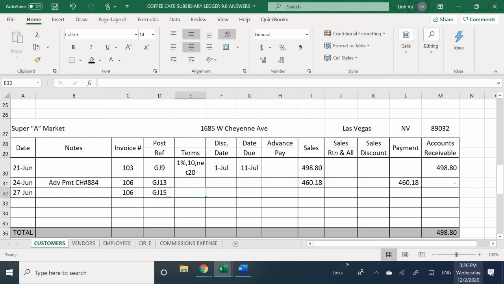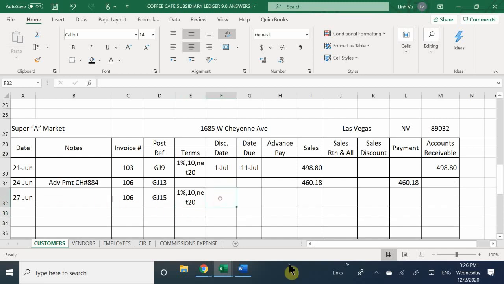And now we can do the 1% net 20. Is that what it says? Yes, 1%, net 20. Okay.